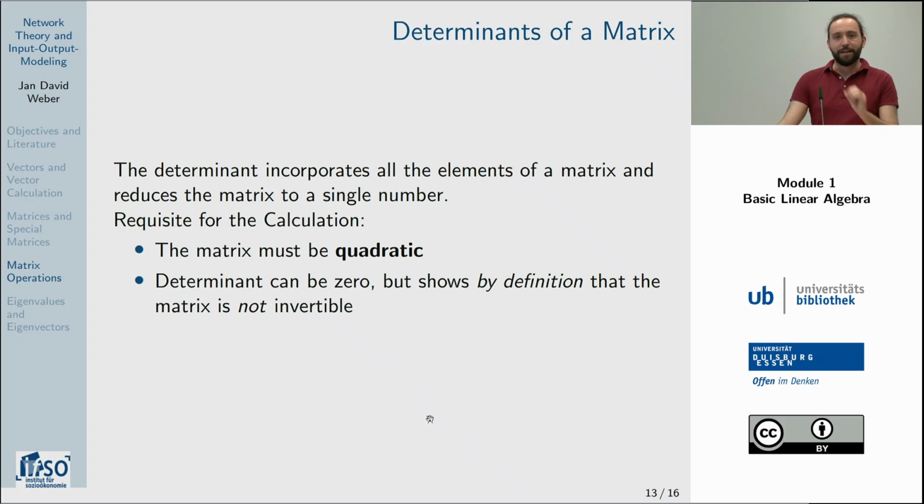There's another aspect that is really, really important in matrix algebra. We want to look at the determinant of a matrix, and the determinant incorporates all the elements of a matrix and reduces the matrix to a single number.